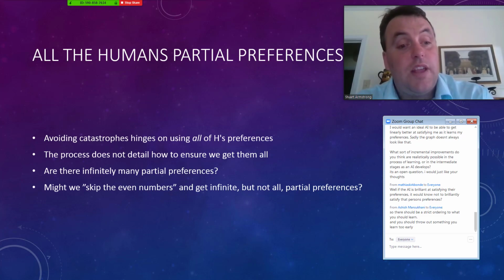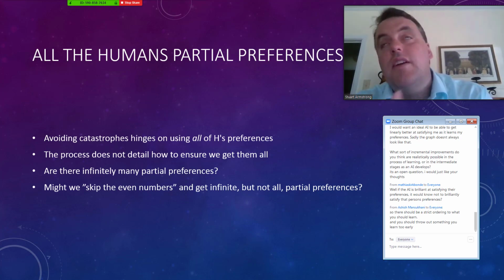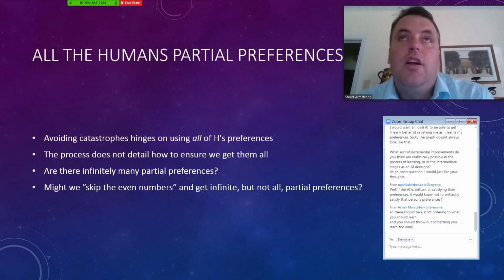Next question: what if the AI is brilliant at satisfying their preferences? They would know to not brilliantly satisfy that person's preferences. Yes, that is the case, unless we don't want the AI. This is basically a form of manipulative behavior. One of the reasons that I've given up trying to rule out manipulative behavior is that I find it impossible to define.